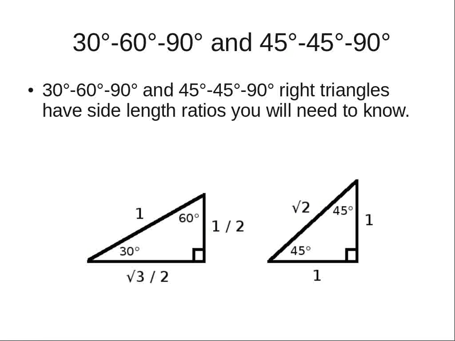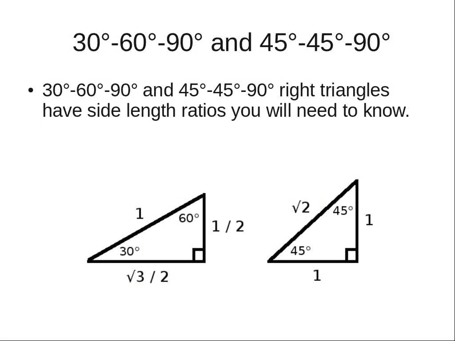30, 60, 90 degree triangles and 45, 45, 90 degree triangles. All right, what you're going to want to know about right triangles that have those angle measures is that the side lengths always have the following ratios. For different right triangles that have the same angle measures, the side lengths might be different, but the ratios of the sides within each triangle will still be the same.